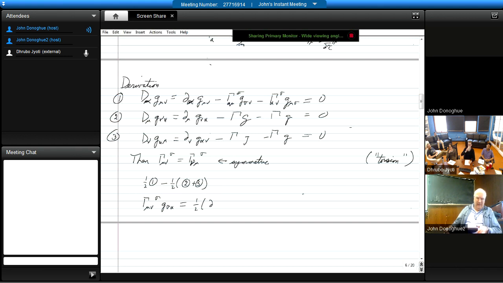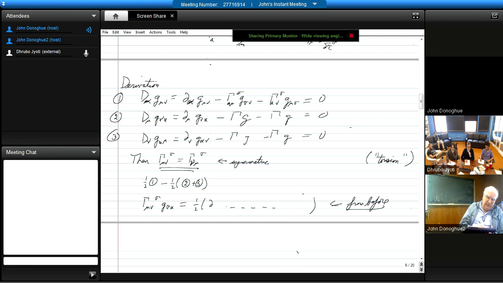Let me actually not bother writing it out. I basically get the formula from before. So the way to derive what gamma is, is just to use this definition and metricity and symmetry, and that fixes it.